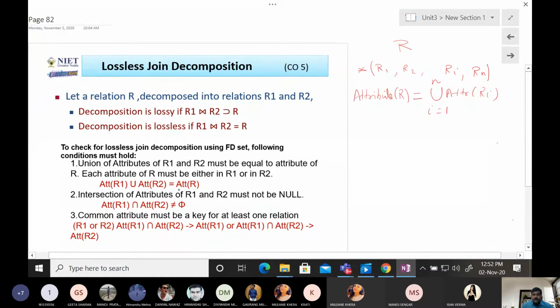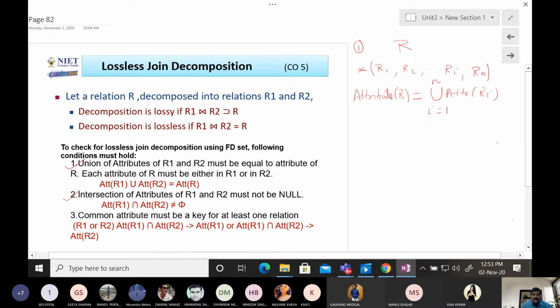This is for 2 subschemas and this is for n subschemas. Means each attribute of R must be either in R1 or in R2 in this case, or belong to at least one subschema Ri. Then we will say that attributes are preserved. So for lossless join decomposition, the first condition must be satisfied.